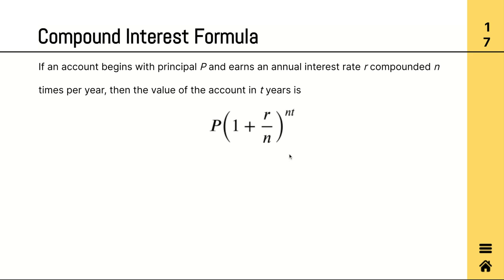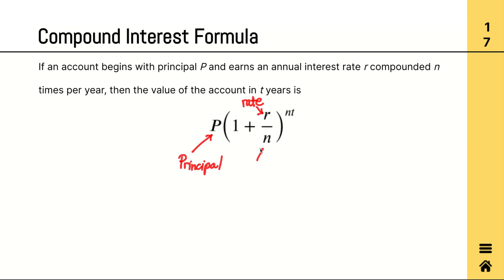So let's mark this up just a little bit. P, that's the principal, right? That is your initial investment. So in video 1, our principal was $100. Make sure that you still have your principal after you do your compound. R is the rate. That's your interest rate in decimal form.